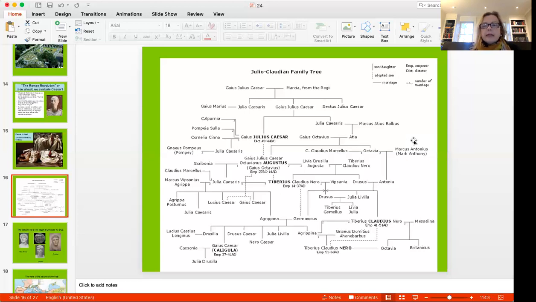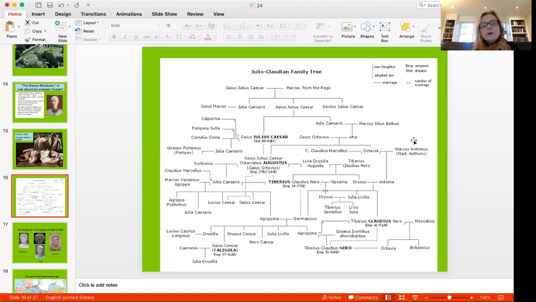So that's a very intense level of political claim. Of course, it's not the first time somebody marched on Rome with an army, but nevertheless, he used violence to claim this power.